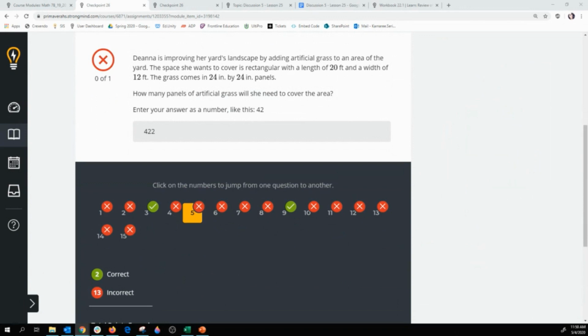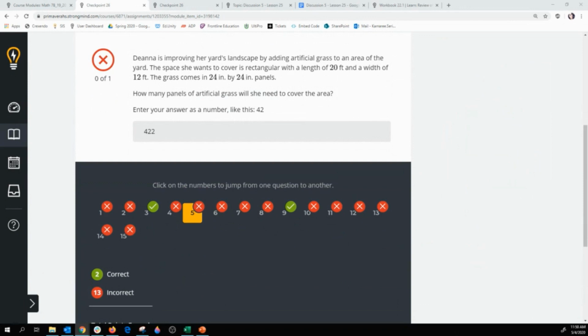Okay, so I see what's happening here. So we are given 2 different units, right? We have feet and inches. So we need to convert inches into feet, right?